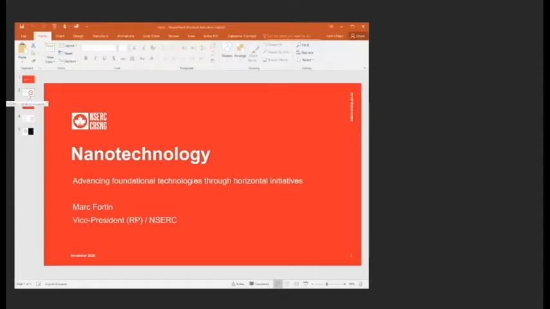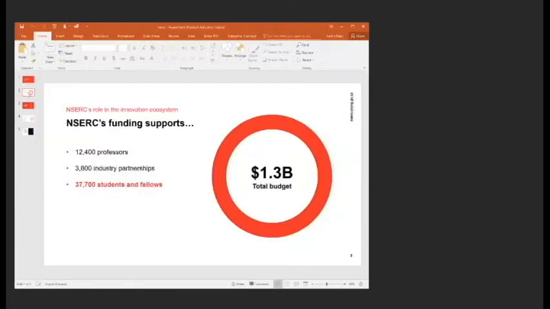The Natural Sciences and Engineering Research Council of Canada is the funding organization that supports natural sciences and engineering research across the country. Every year we support approximately over 12,000 researchers, 37,000 students, and we support research and partnerships with close to 4,000 industry partners.